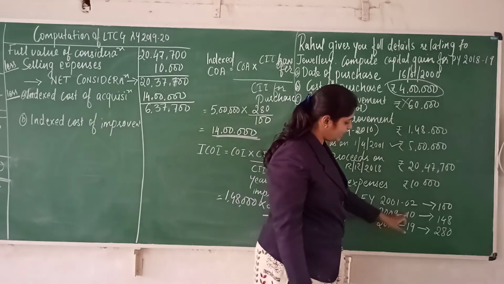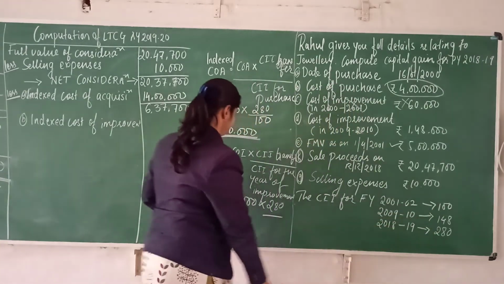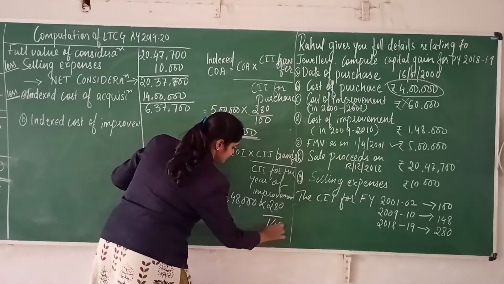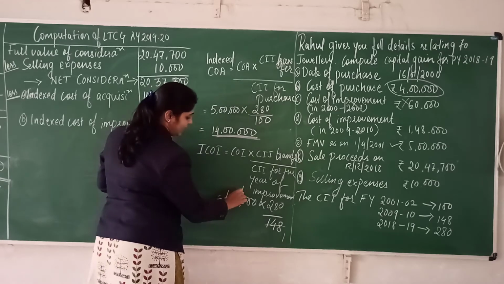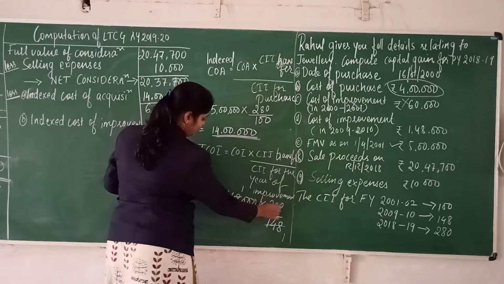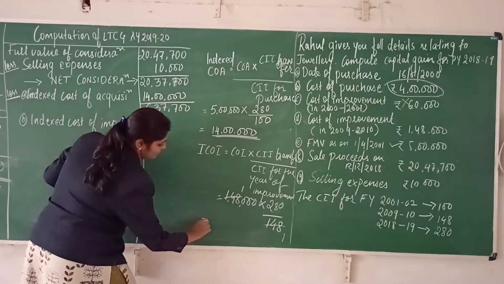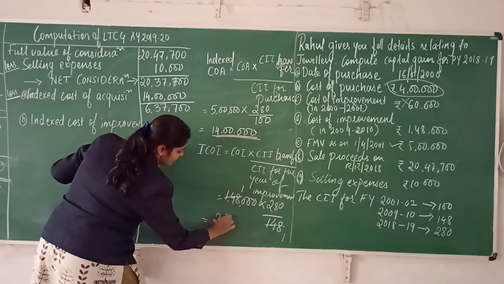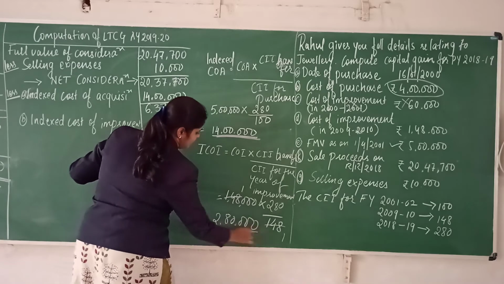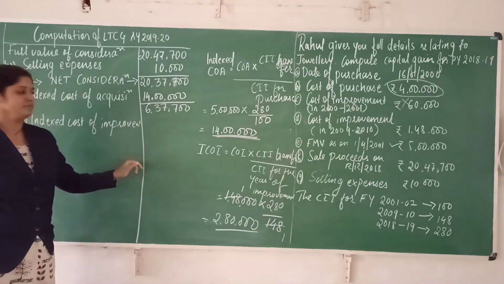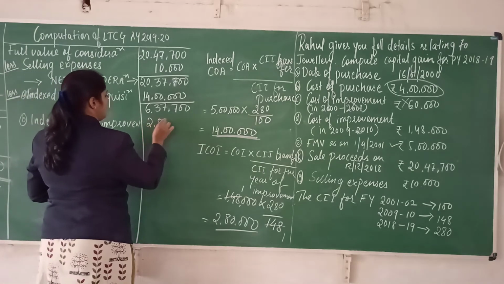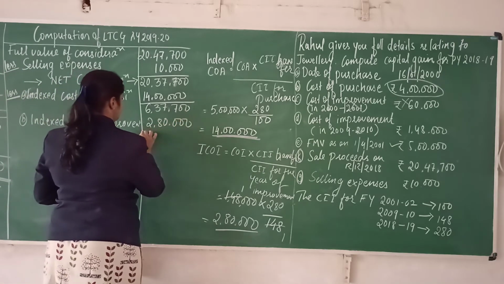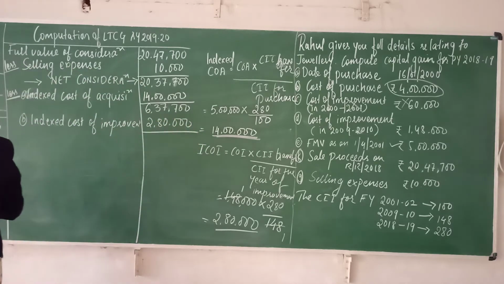So the CII for the year 9-10 is 148. 1,48,000 into 280 upon 148, we arrive to the answer 2,80,000. Therefore, indexed cost of improvement is 2,80,000.